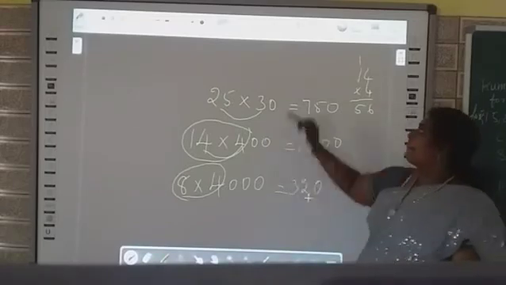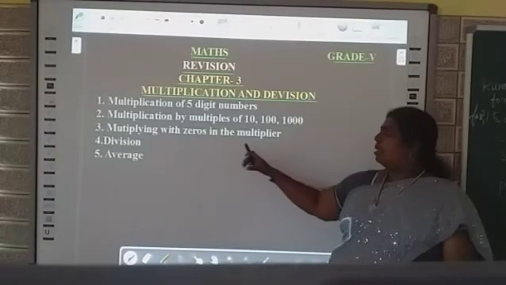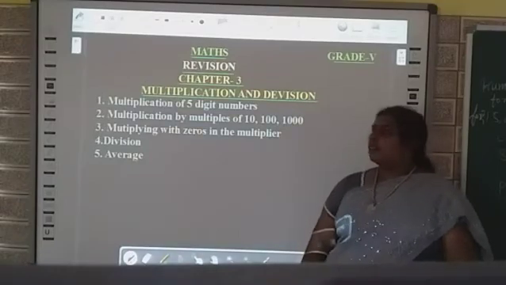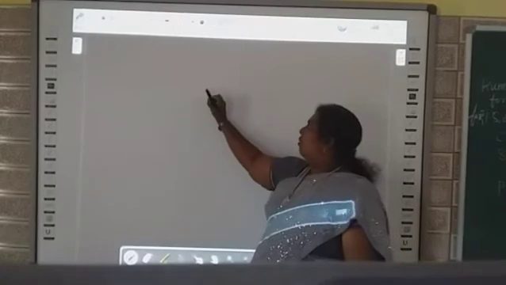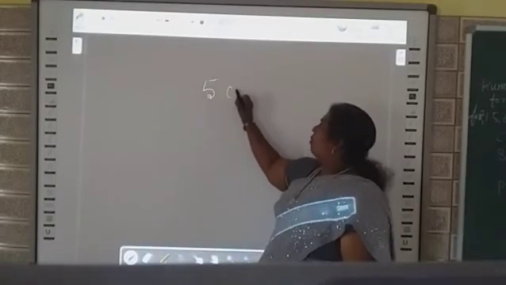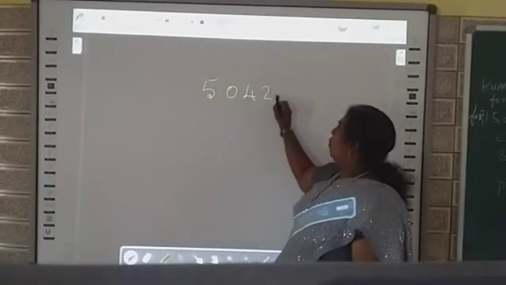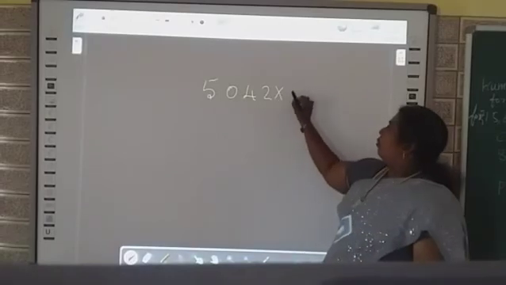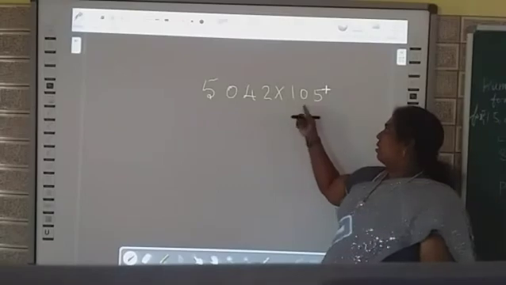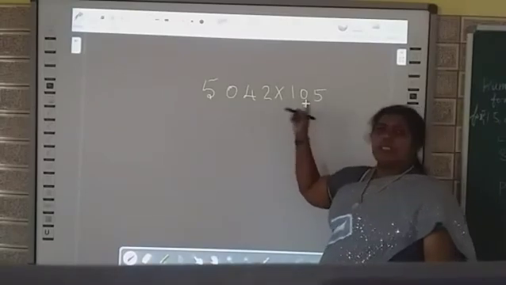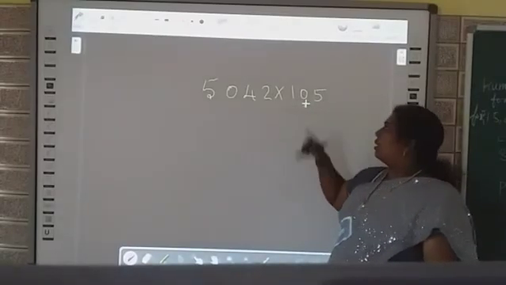Yes. See, next one is multiplying with zeros in the multiplier. See, that means you can see the example, 5,042 into 105. Okay. Now we are going to multiply here. You can see the zeros, right? In the multiplier, you can see the zeros.